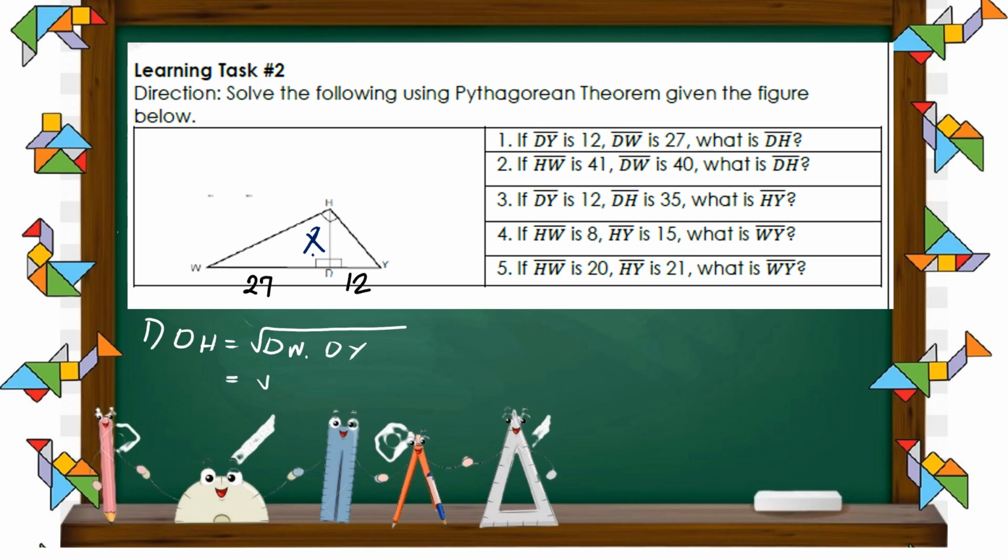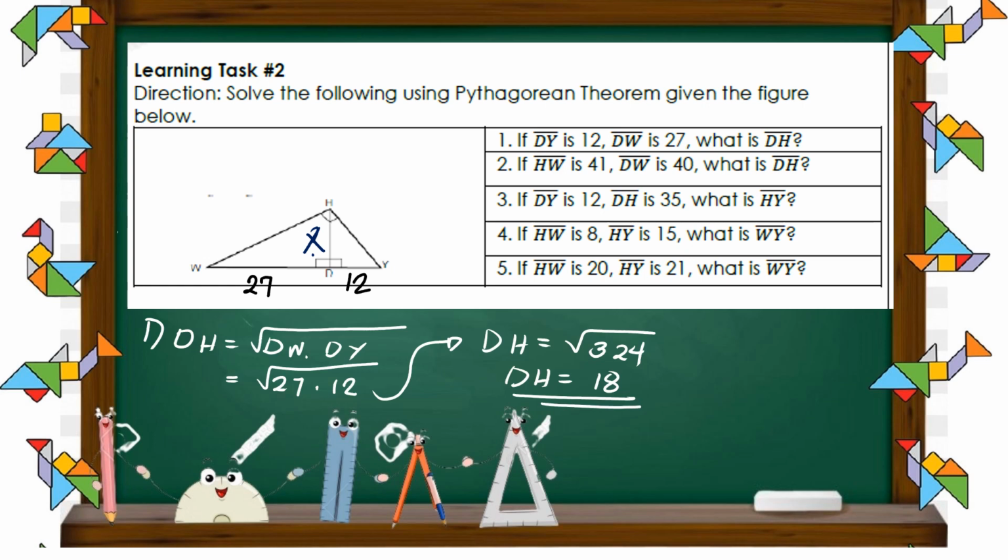So the square root of 27 times 12, which is 324. That means the value of your DH here is 18. So that is for number 1.